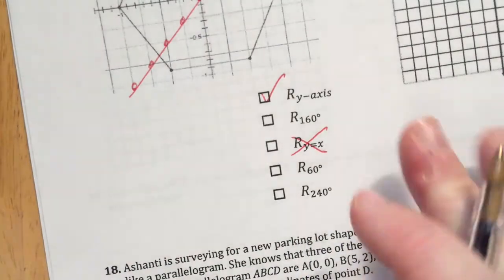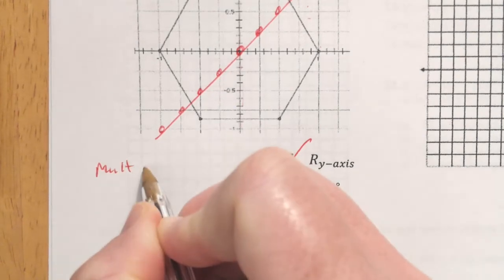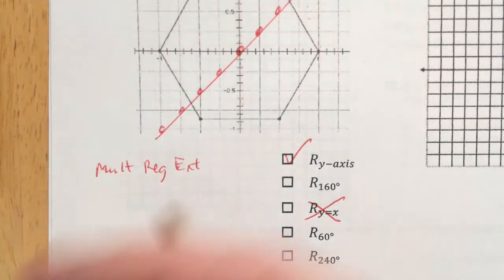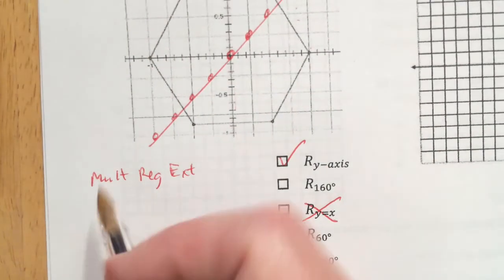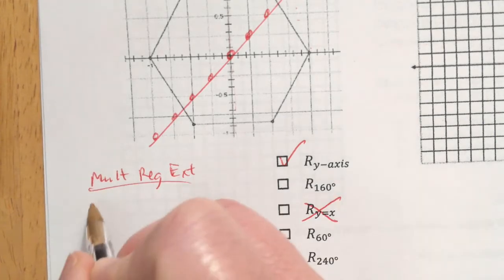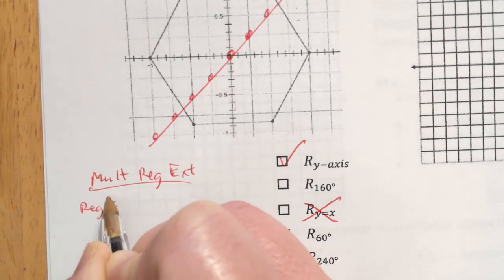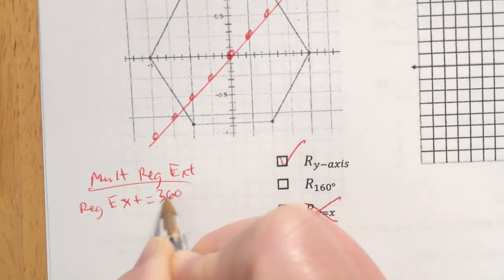In our case, we have 6 sides. So we want the multiples of regular exterior. And we know that we're going to need to know that. That's why I put it on my Hot Topics page, my first 4 pages that are going to stay in front of me the whole time. So we have regular exterior equals 360 over n.